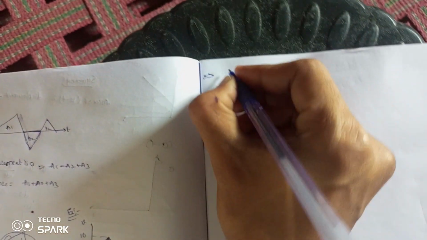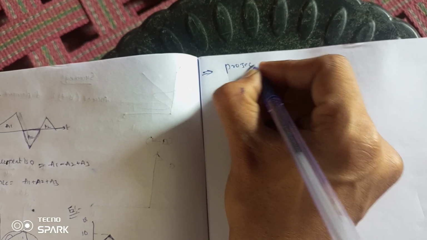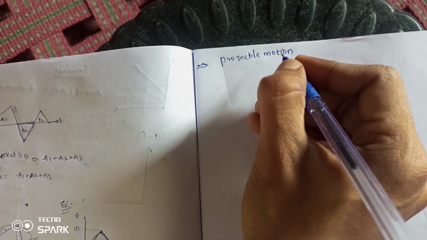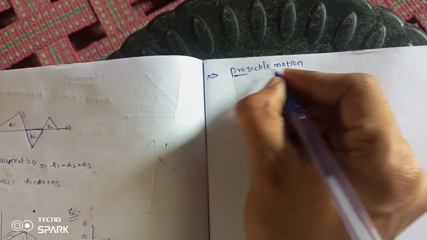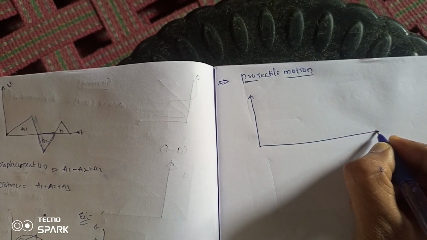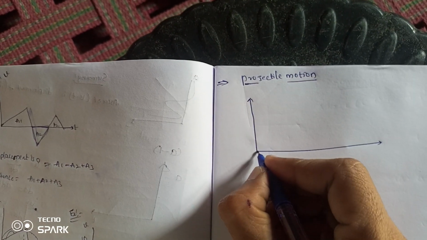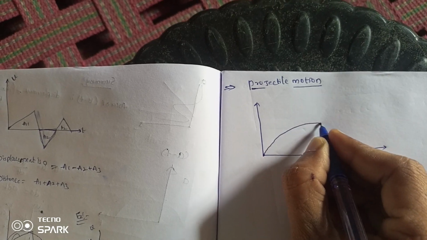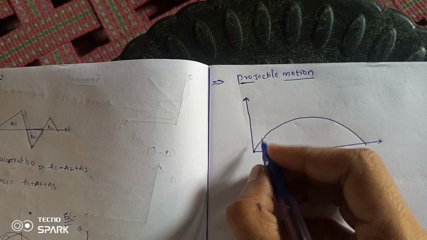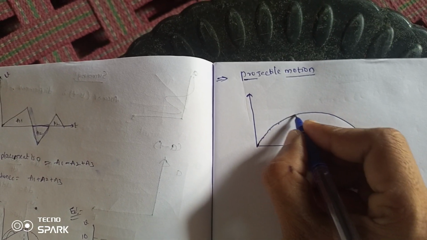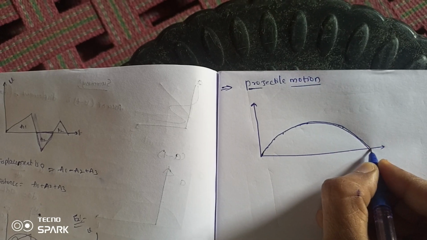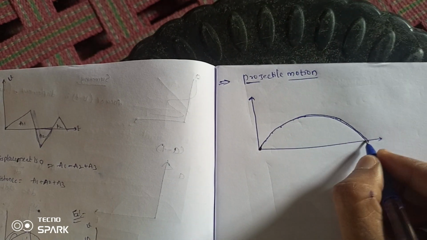Now let's see projectile motion and motion under gravity next. Let's see projectile motion. I draw a ball thrown from point A to B, or a cat jumping from this point to this point.